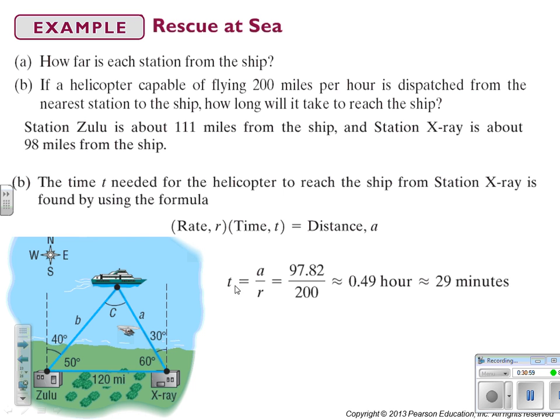So the time is equal to our A value, 97.82 miles, divided by 200 miles an hour. It's going to be 0.49 hours. You multiply that by 60 to get 29 minutes. So we're just going to hope the ship doesn't sink in 29 minutes, depending upon its distress.